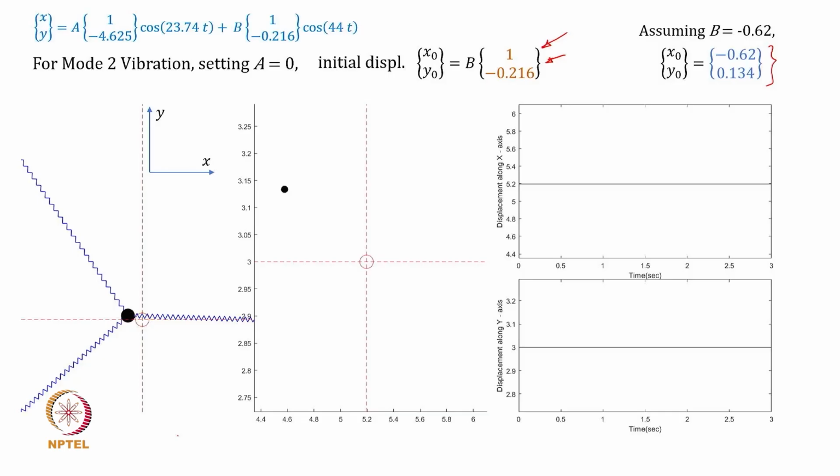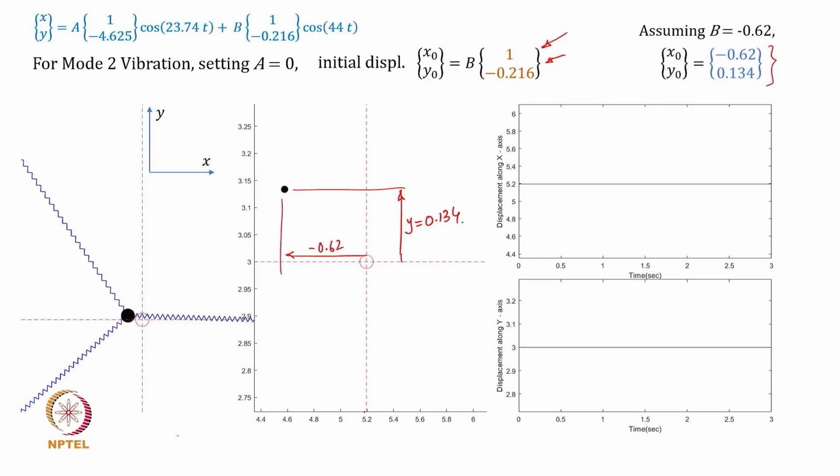Okay, but here you can see that the initial position is y equal to 0.134 and x is minus 0.62. That is your initial position.